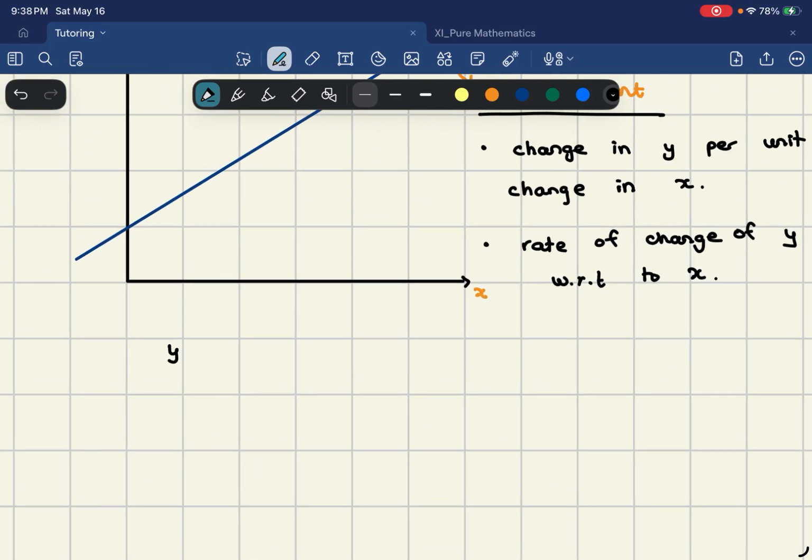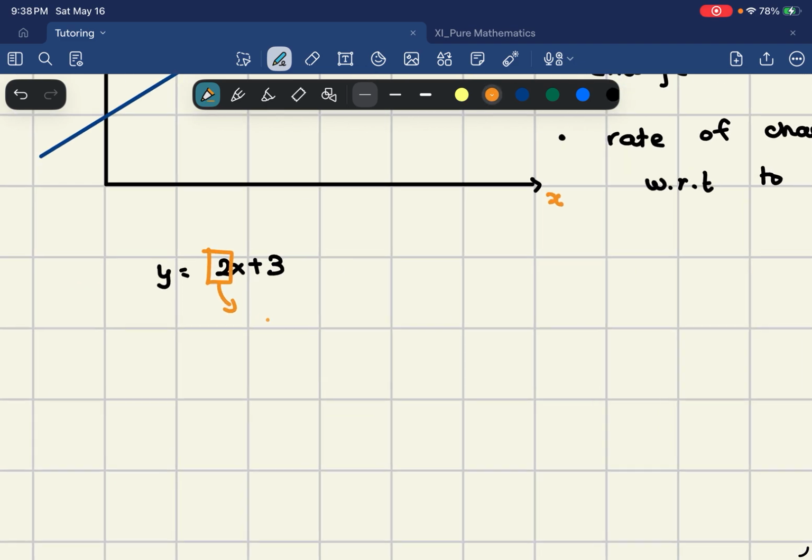So if I give you y = 2x + 3, your slope is 2. What does this mean? Well, your slope is just 2 over 1. That is the change in y over the change in x.